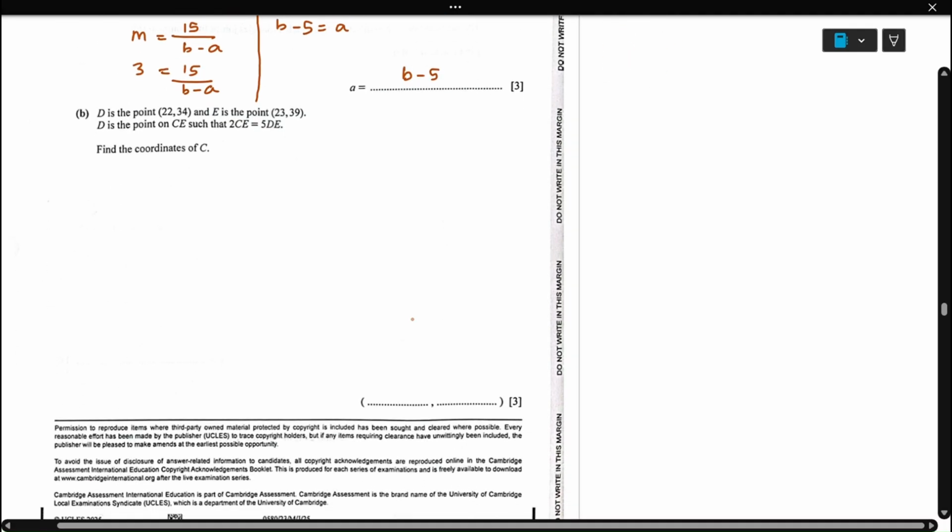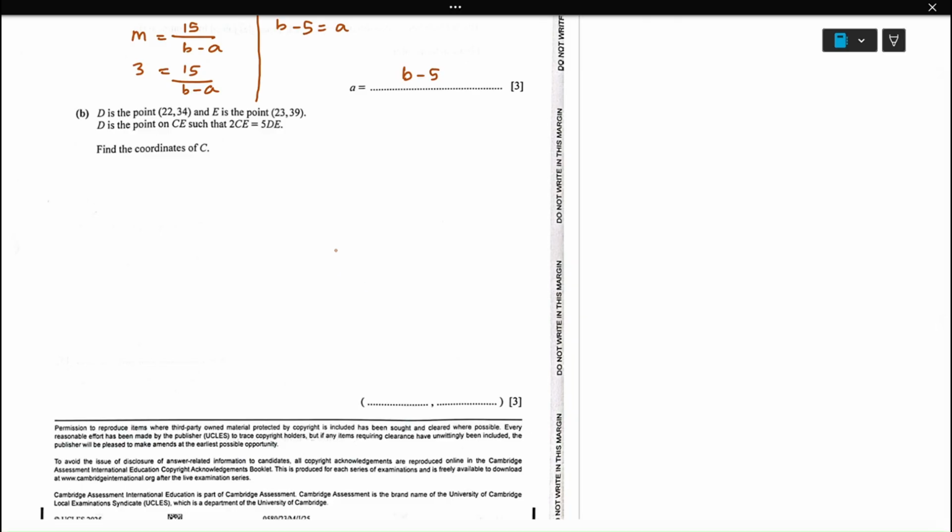Next, D is the point 22, 34, and E is the point 23, 39. D is a point on CE. So here CE is a line. This is C, this is E, and D is somewhere on it.